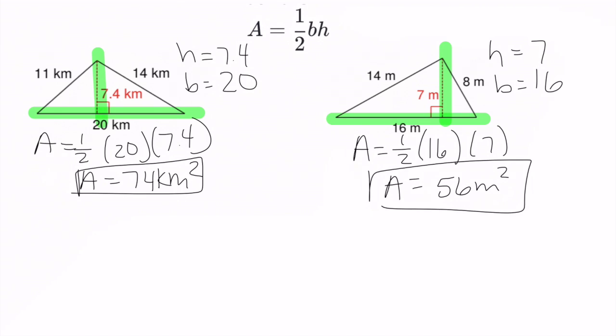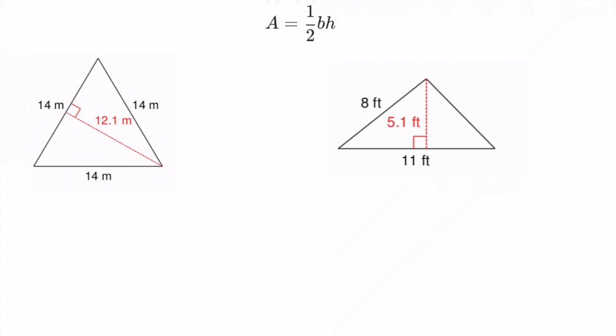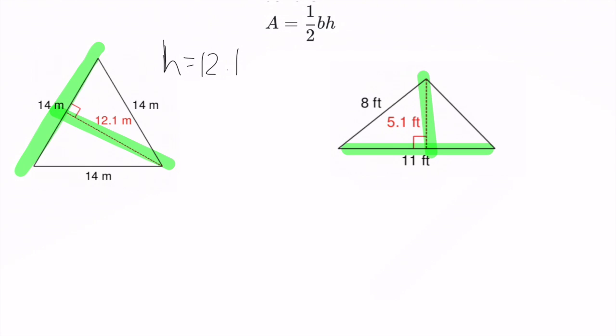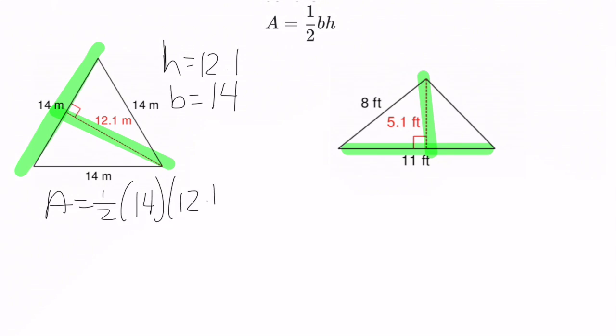Let's look at the next couple. So again, we need to identify our bases. Our bases make that right angle with the height. So here are our bases. Our height is going to be 12.1, and our base is going to be 14. So our area equals 1/2 times our base times our height.